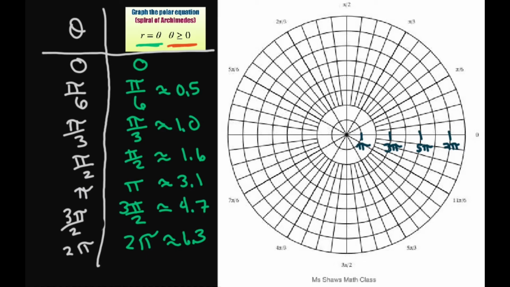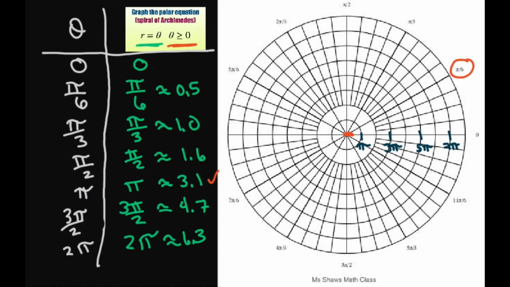So at 0, we start at 0. At pi divided by 6, remember pi is 3.1. So I have this labeled by pi, 3 pi, 5 pi, and 7 pi, like that.